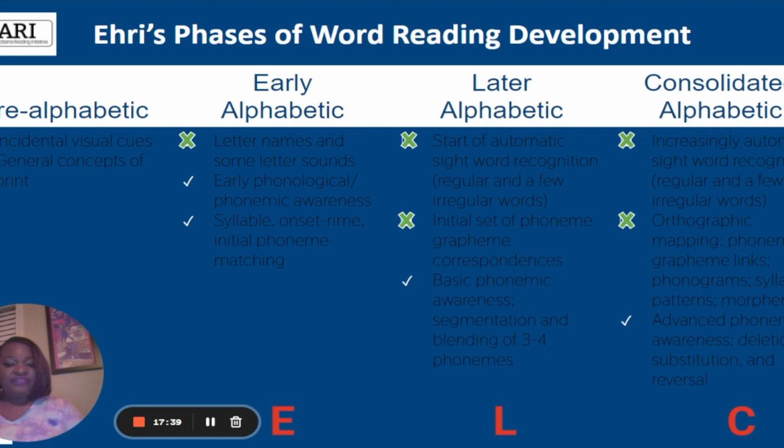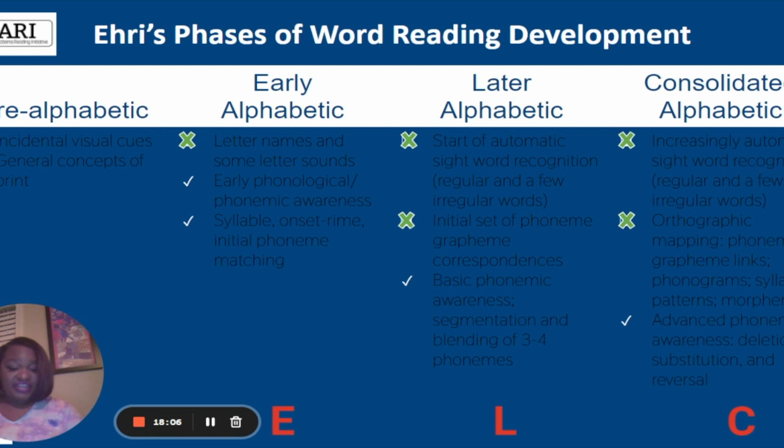In the later alphabetic phase, there is one skill that falls under phonological and phonemic awareness. That skill is basic phonemic awareness, segmentation, and blending of 3 to 4 phonemes. That skill does not call for students to have paper or to look at print.